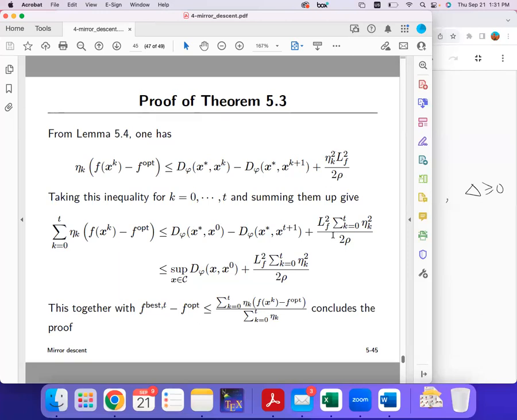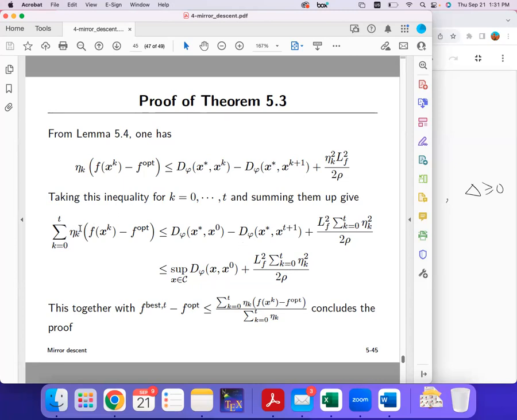This one, you sum them up. Now, this is a negative term, you can drop it, because this is less than or equal to. This term can be bounded by this supremum, and then I copy this term here.